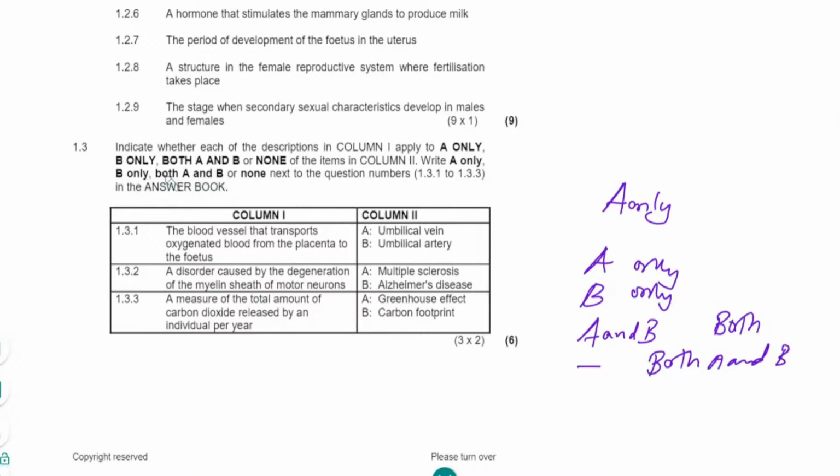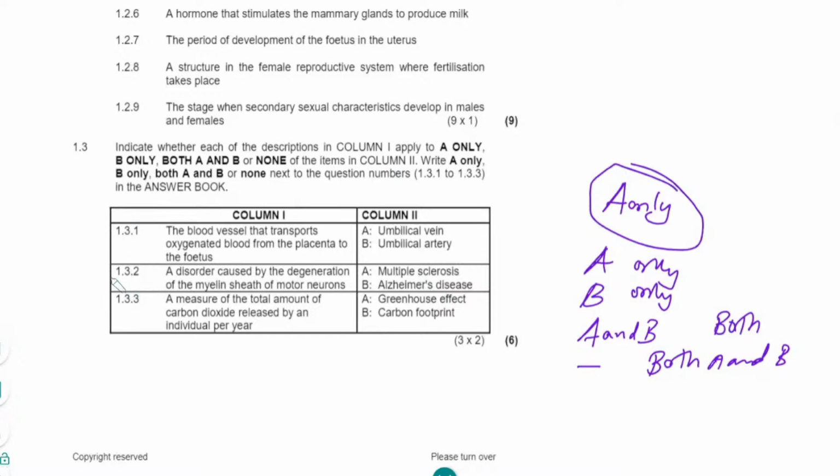Both what? Both columns? You have to tell us. If you don't write A only and you write A, why do we say that is not correct? Maybe there is also another correct answer. So the instruction is saying A only, B only, both A and B. Please learn to follow instructions.